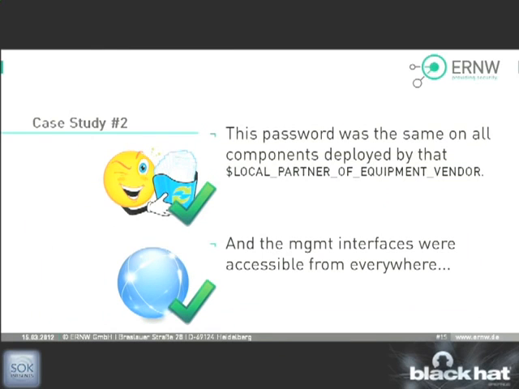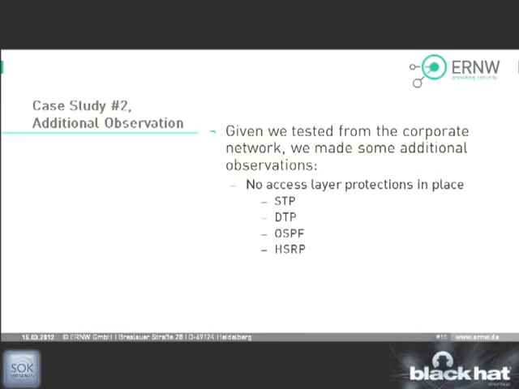So, admin reuse of the admin password on all the devices, and the devices which had a good security posture earlier could now be easily compromised once we had a password and the management ports were open to the corporate network. An additional observation was they didn't have any security on an access layer.